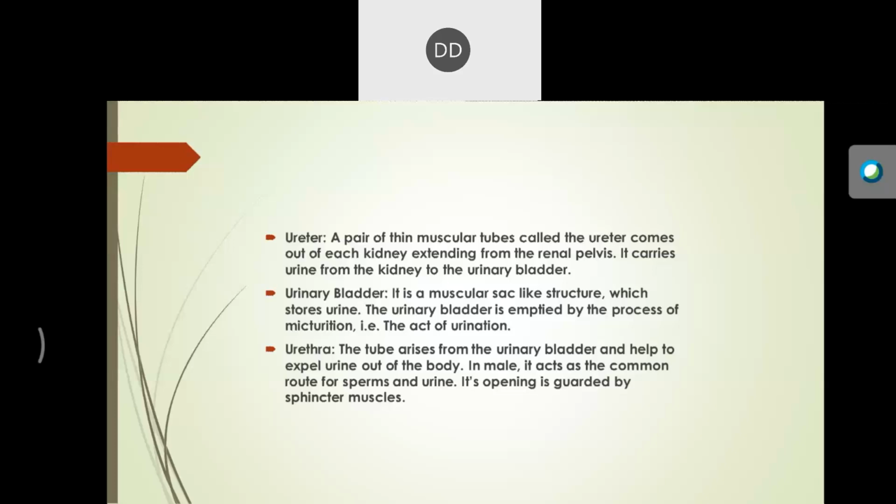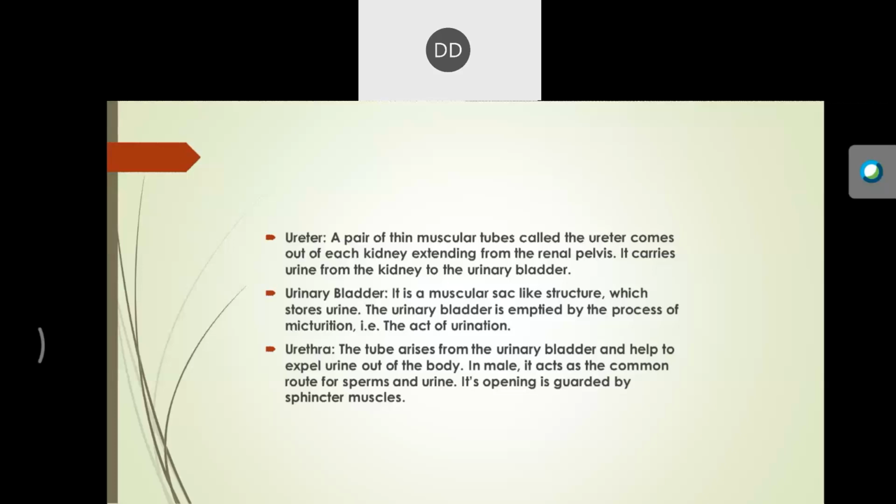The urinary bladder is a muscular sac-like structure which stores urine. The urinary bladder is emptied by the process of micturition, the act of urination.